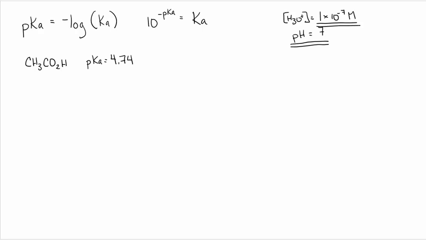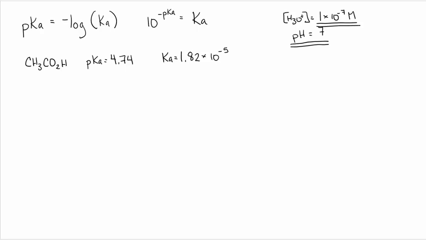Okay, so that's an easy number for me to say. The pKa of acetic acid is 4.74. So what is the Ka for that? All right, 10 to the minus 4.74 is 1.82 times 10 to the minus fifth. That's a much harder number just for me to say out loud. And so that's the value.